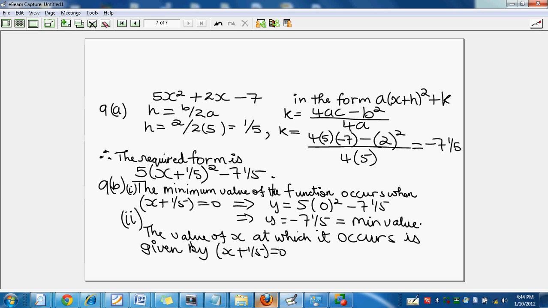Right? So both the minimum value of the function and the value of x at which it occurs is given when the part in brackets is equal to 0. Now if x plus a fifth equal to 0, then that implies that x will be equal to minus 1/5, which we expect it to be in any case, because we learned that up front. And therefore, this is the answer for part 2.